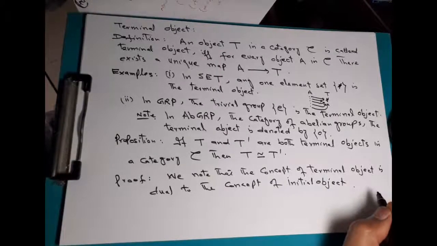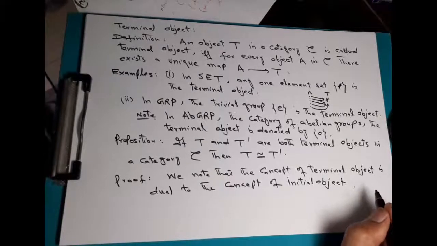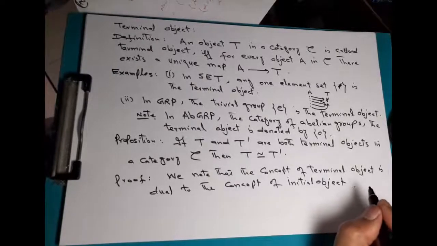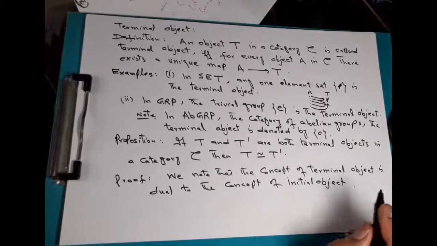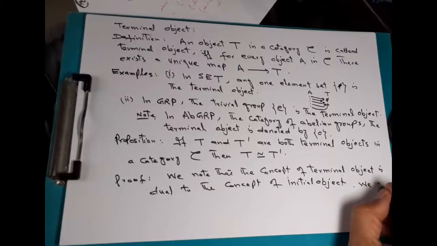And we have already proved that if I and I dash are initial in a category C, then I is isomorphic with I dash. We have in fact proved that.